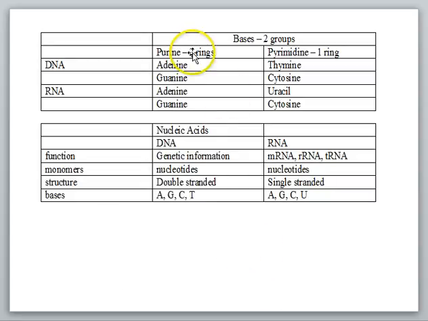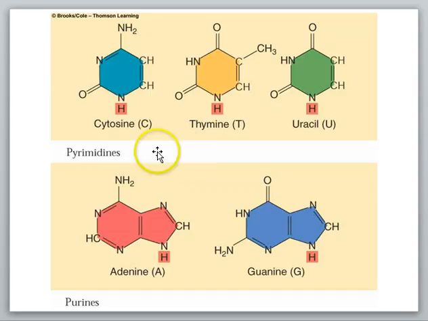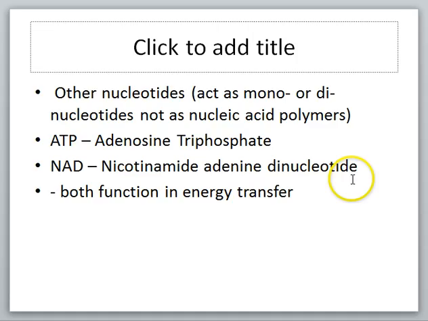Okay, then this is kind of a description of what we have in RNA and DNA and the functions of these nucleic acids. So let's just go on down here. Here's the diagrams from your textbook showing the different nitrogenous bases associated with the nucleotides.